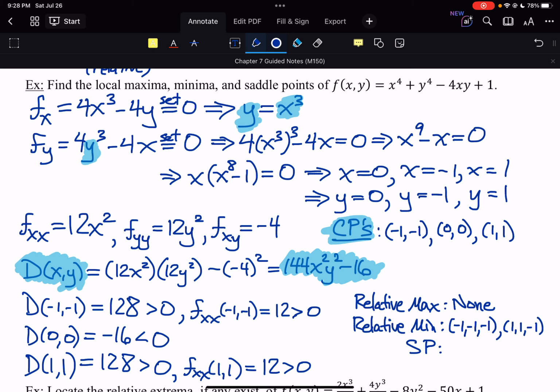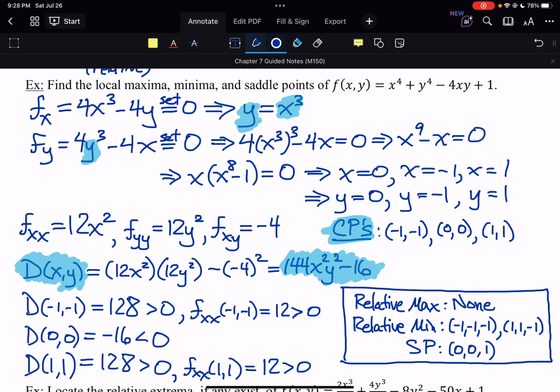And the saddle point is 0, 0, 1. And those are our extreme values. Those are our optimized values for this function.